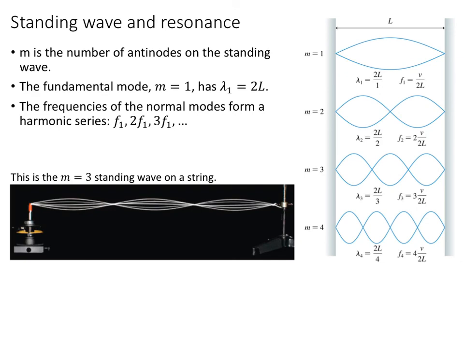So again, our mode number or our harmonic number is the number of antinodes. So m equals 2, I have 2 antinodes, but this is specifically for a wave on a string where I have boundary conditions where it is tied down at the ends. So I have to have a node at the 2 ends. You can have, for instance, with certain wind instruments, antinodes at the 2 ends.